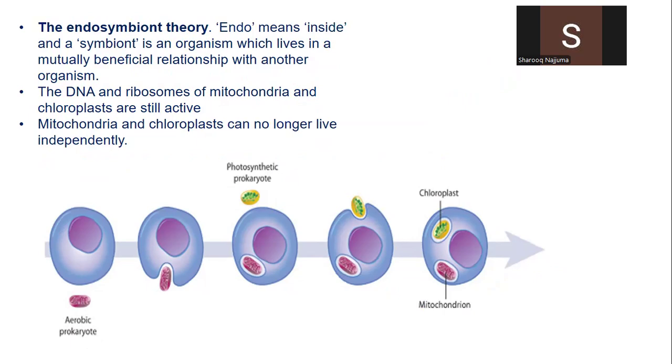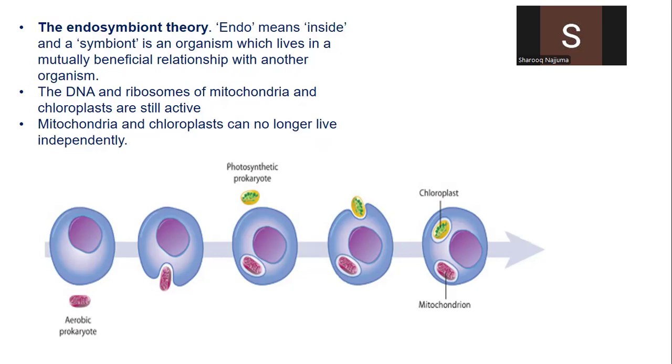Anyway, so it was shown that mitochondria and chloroplasts were once bacteria, but now they are part of these eukaryotic cells. What shows this? Number one, they have small ribosomes, 70S ribosomes.